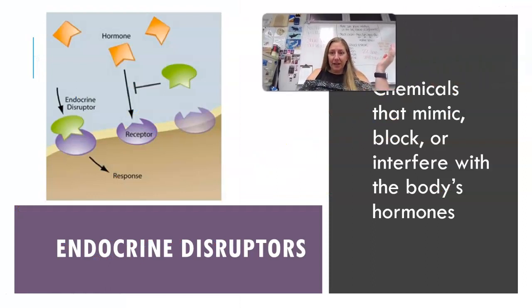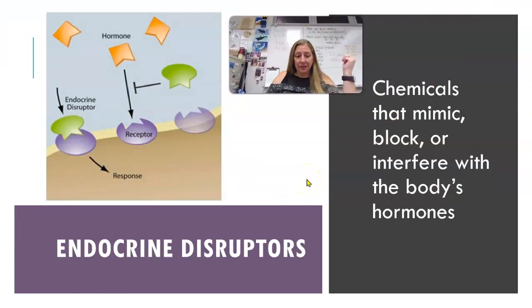Endocrine disruptors are a huge variety of compounds that can either mimic hormones and have the same function as hormones, or they might not mimic a hormone but instead interfere with the action of hormones.